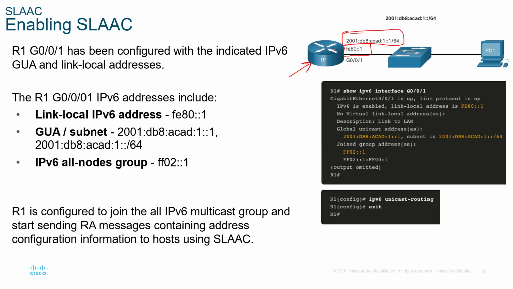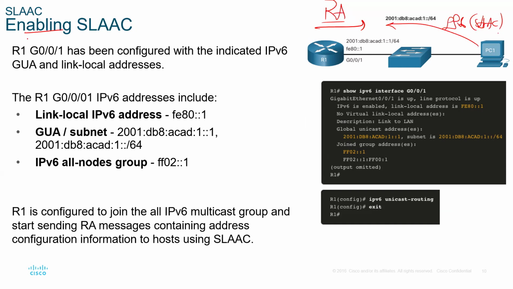Now, what it means is this router will now be sending RA messages, which will allow this host to get an IPv6 address by using SLAAC. So enabling SLAAC here is basically enabling a router to provide addresses using stateless auto configuration.